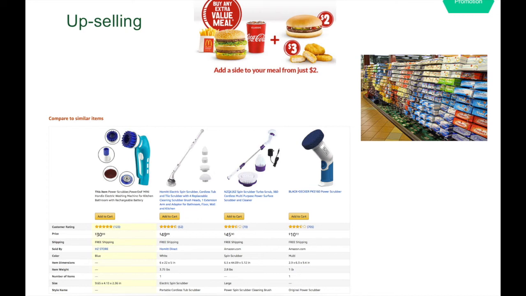Very obviously here the idea would be that for the more expensive brush, I would see some advantages, and then I would see that I'm actually willing to pay the higher price to get these additional advantages. So that's another form of upselling, that you provide some additional information explaining to the customer why he should pay more for a product with more features.